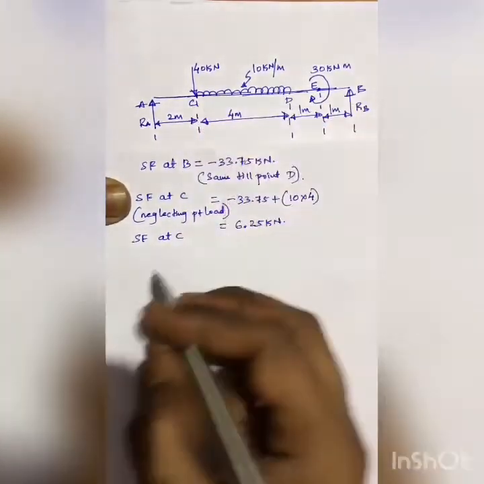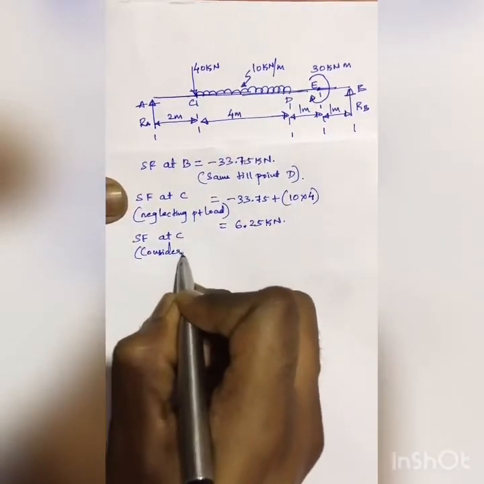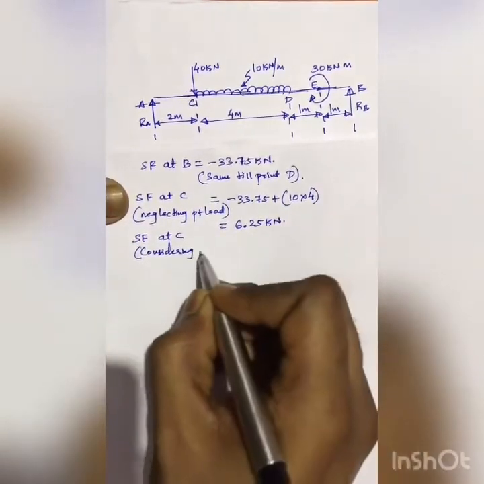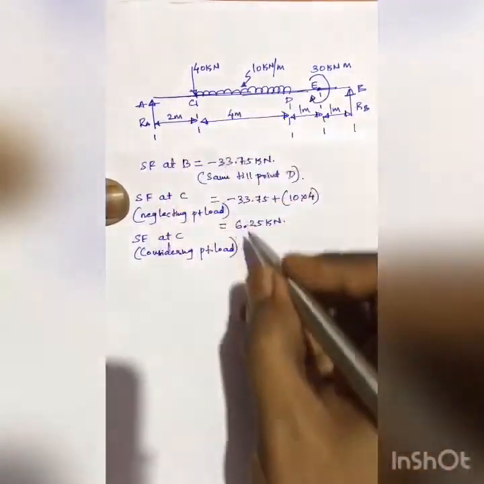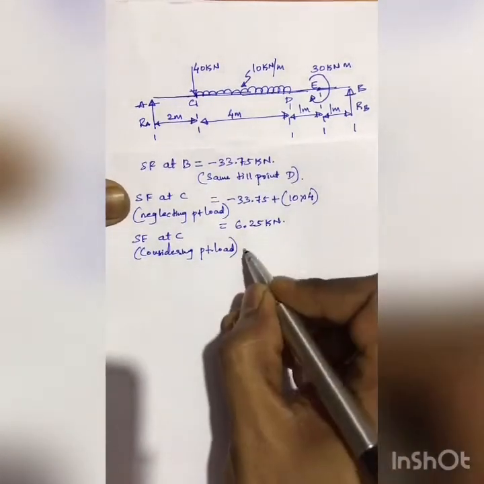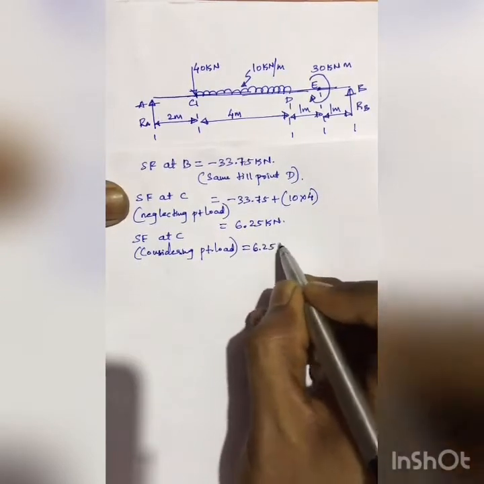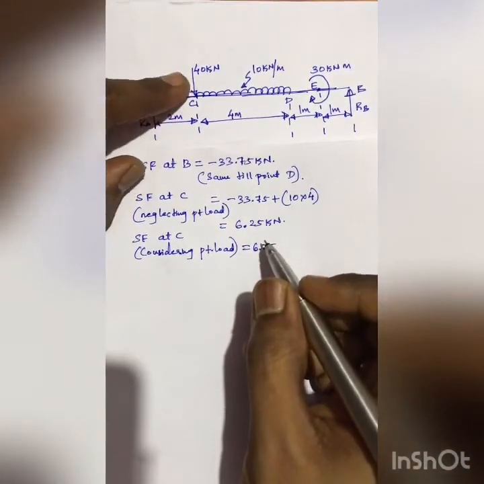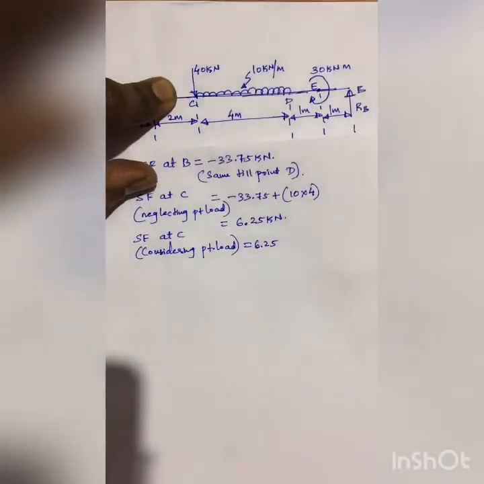Next I need to calculate the shear force at C again. Now I'll consider this point load along with what I have calculated, that is 6.25 kilonewton till now. This point load is again on the right side and acting downwards, so it is positive.